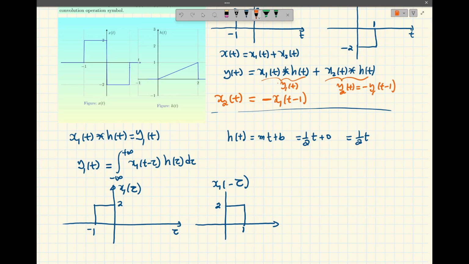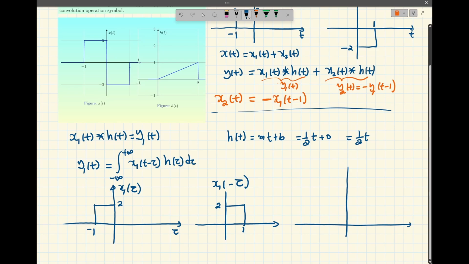Now, in step 3, we are sketching x1 of t minus tau.